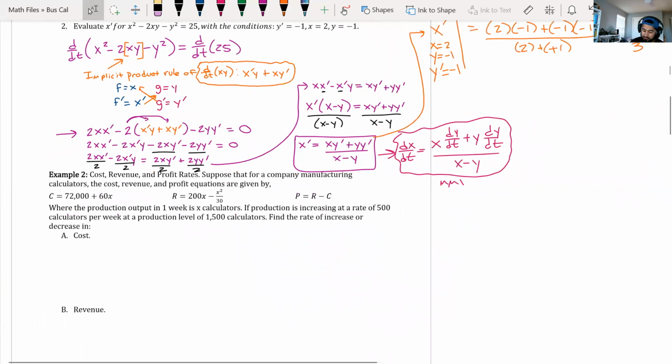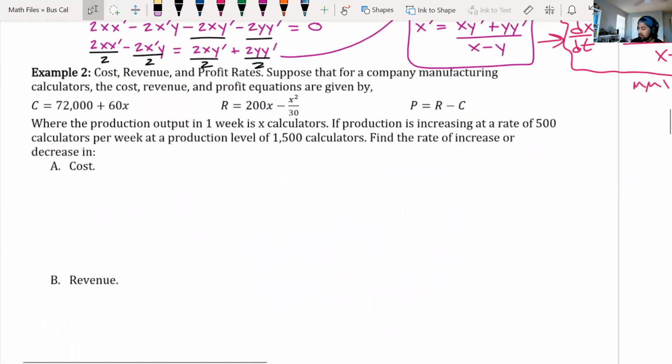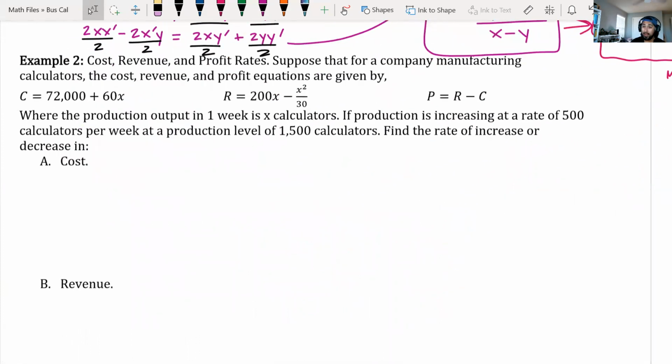All right. So now we get into the application problems. So our little word problems. Okay. So 2. Suppose that for a company manufacturing calculators, the cost, revenue, and profit equations are given by cost is 72,000 plus 60x, revenue is 200x minus x squared over 30, and profit, of course, is revenue minus cost.